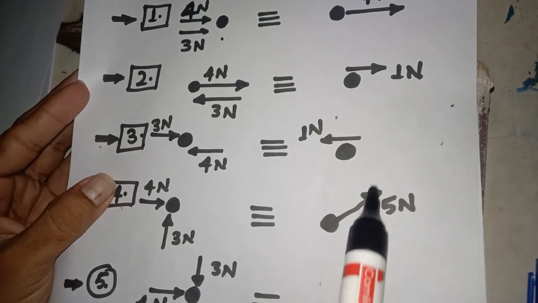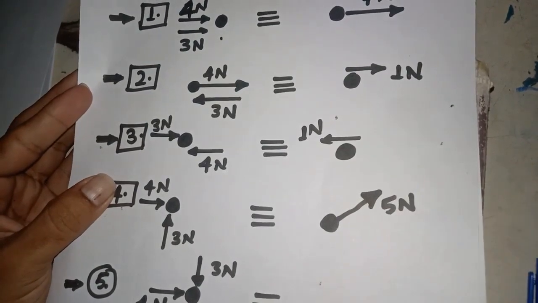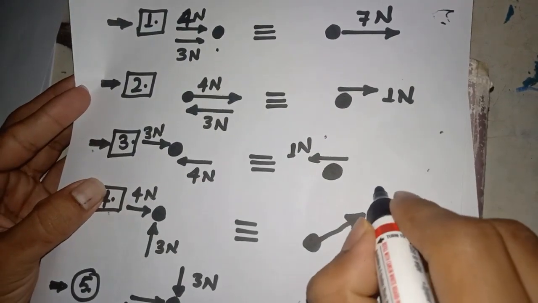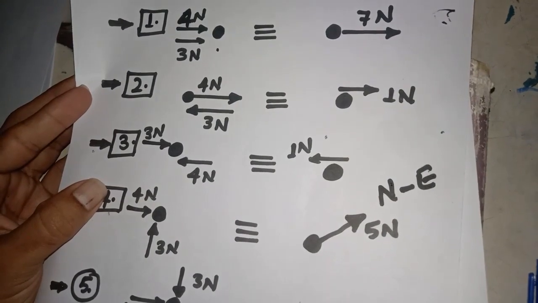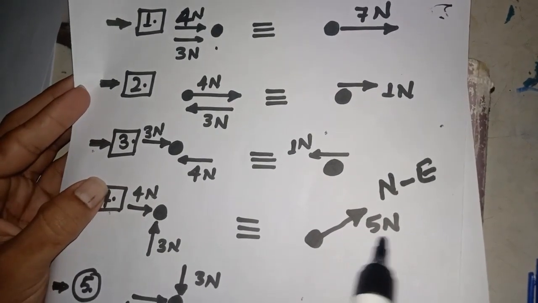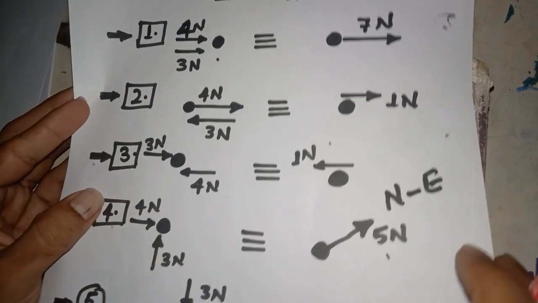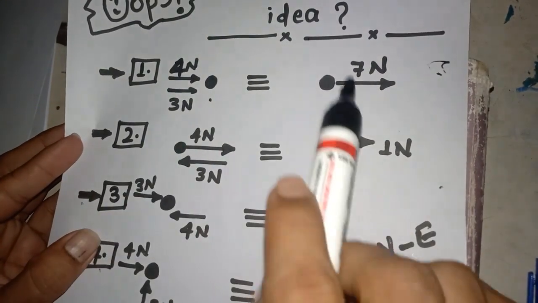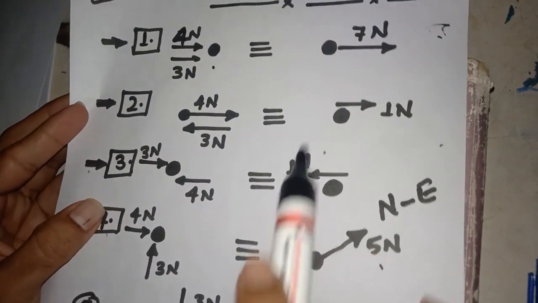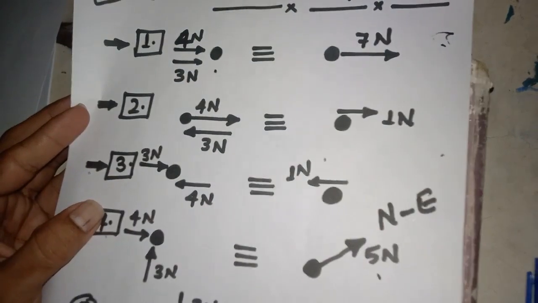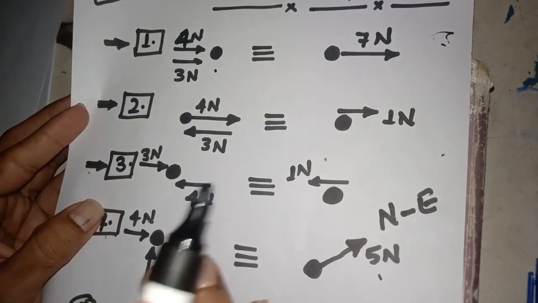You will be surprised that it will go to the northeast, exactly northeast direction, with the force of impact of 5 Newton. So you can see here the combined effect is 7, here is 1, here is 1 and here is 5, but its direction is different in all the cases. Have you got my point?